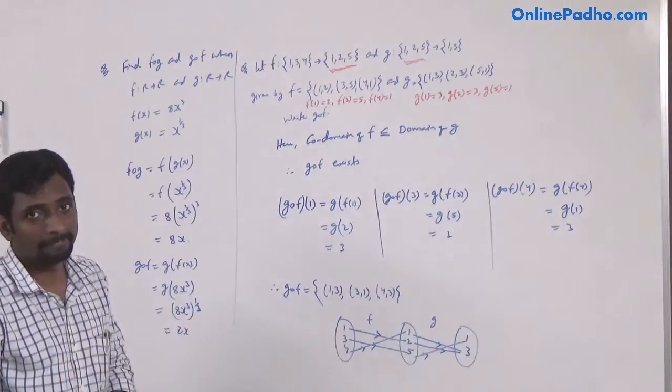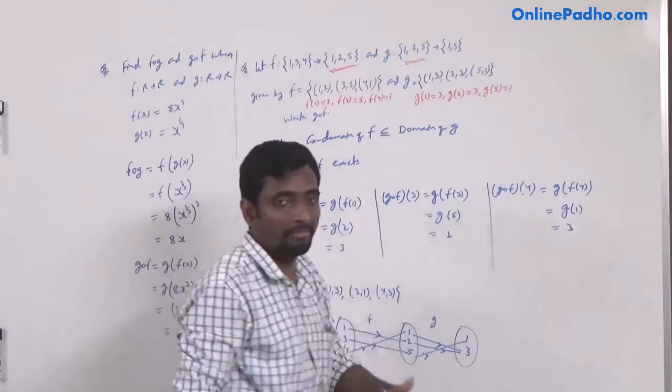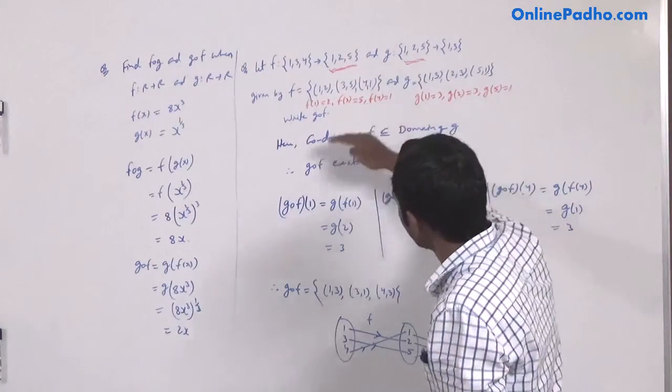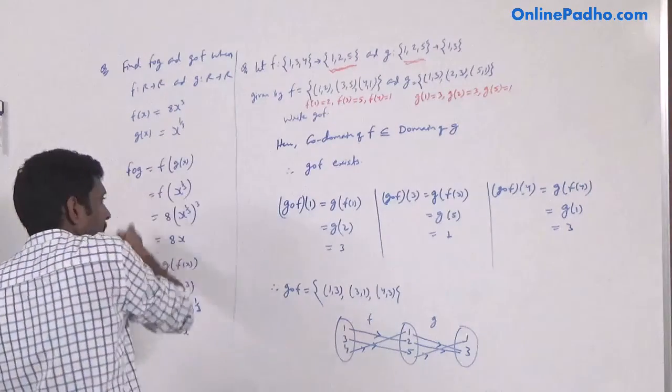So if you have two functions in terms of ordered pairs, you can also find GOF, and also FOG.